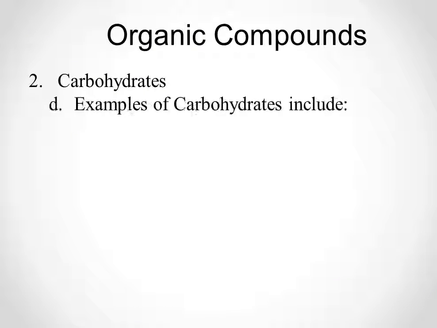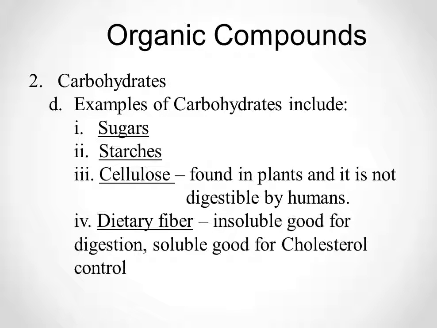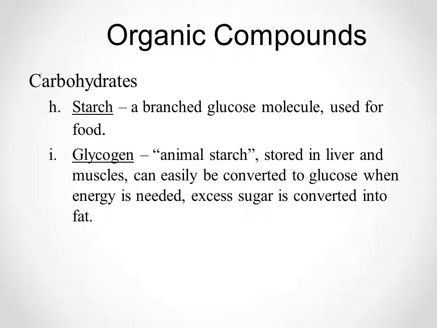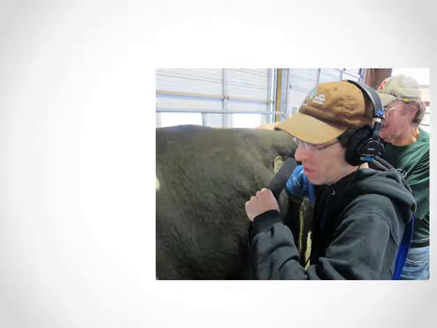Of energy. Okay, so again, sugar, starches, cellulose. We also, you can hear it in terms of fiber. Okay, so this is basically insoluble, but it's really, really good for your digestion. Okay, it keeps you regular. Now, starches, remember that is like plant sugar. Now, glycogen is kind of like animal sugar.